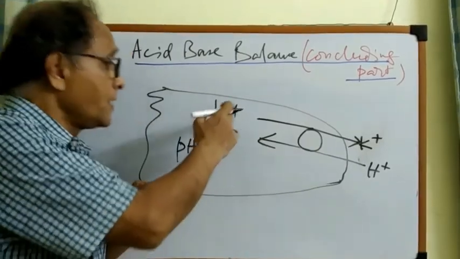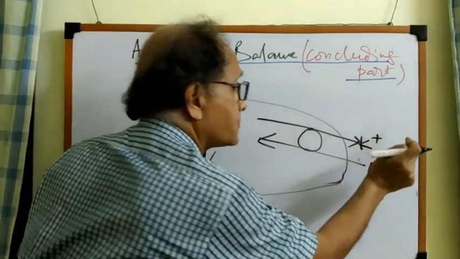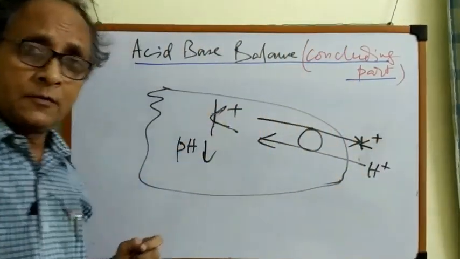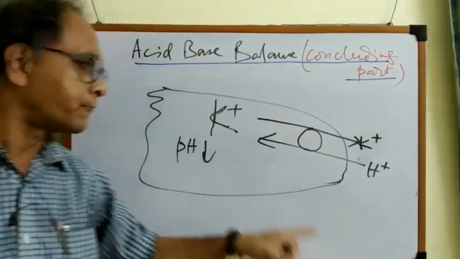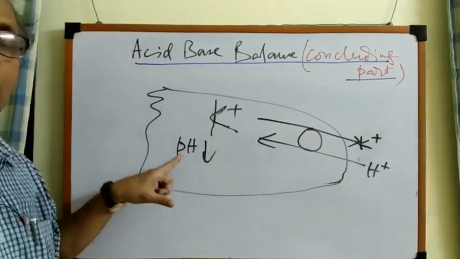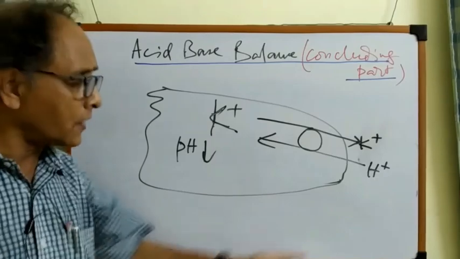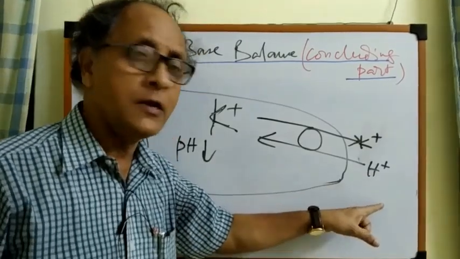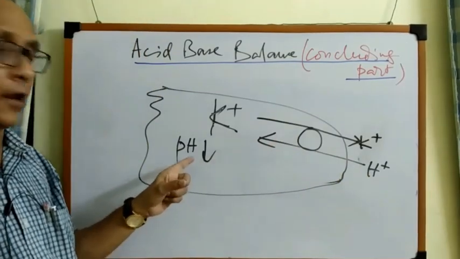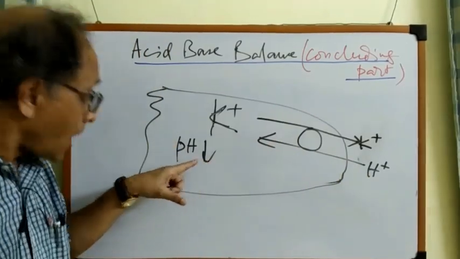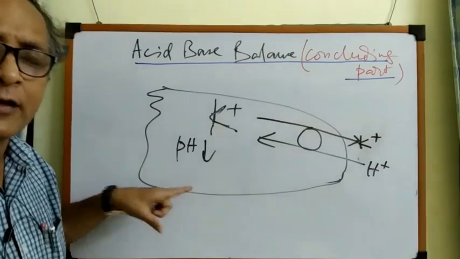So this is how the potassium ion concentration in the extracellular fluid is affecting the intracellular pH. So in case of hypokalemia, hydrogen ion will tend to enter inside the cell, leading to reduction of the intracellular pH.